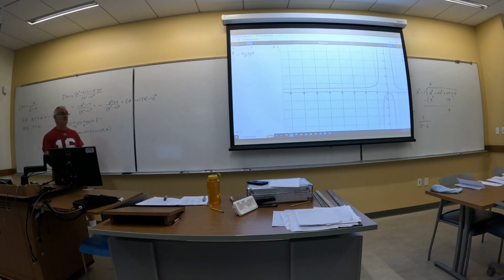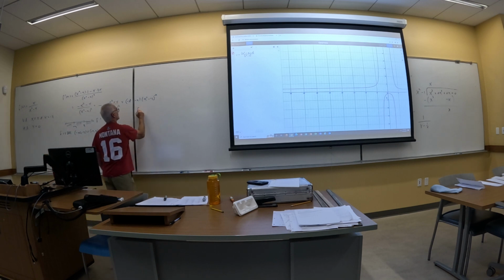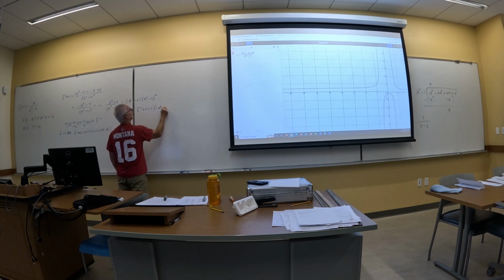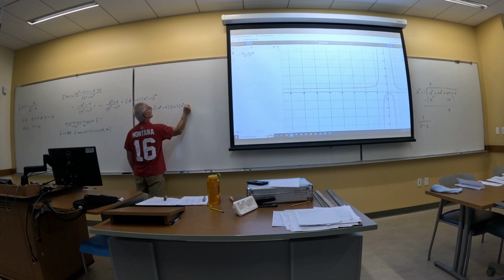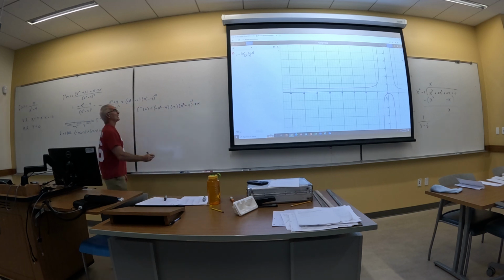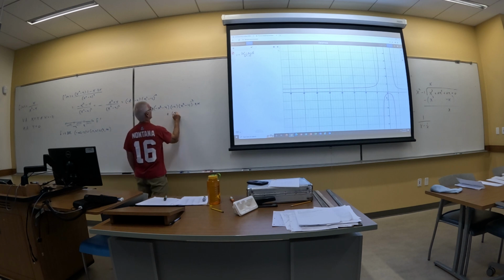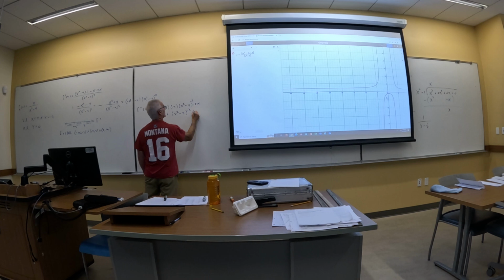Now it'll be a little easier for me to take the second derivative. Okay, first times the derivative of the second, chain rule factor, plus the second times the derivative of the first.